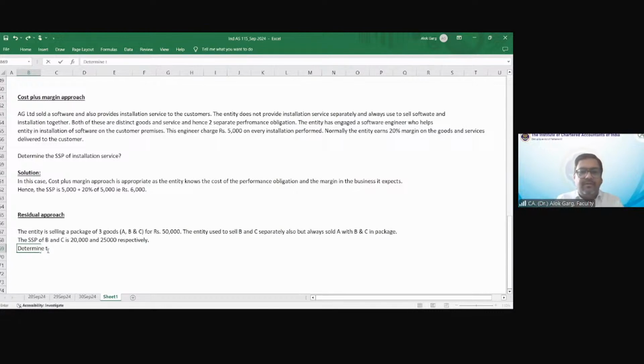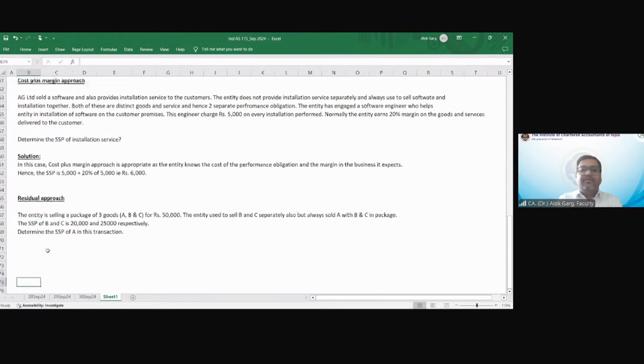Determine the standalone selling price of A in this transaction.